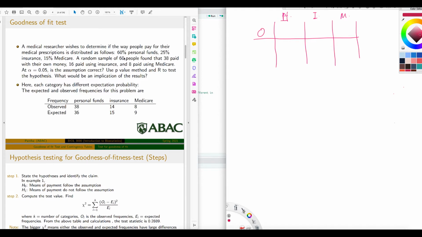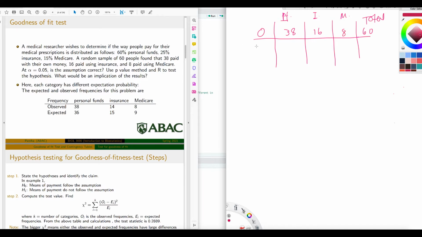Out of the total of 60 people, 38 prescriptions were paid by personal fund, another is 16, and another is 8.